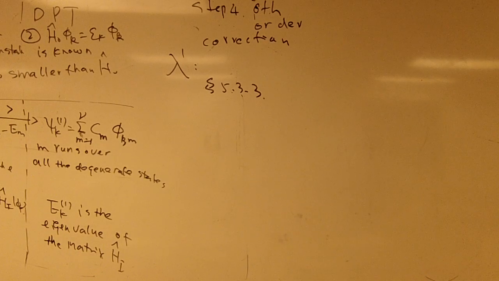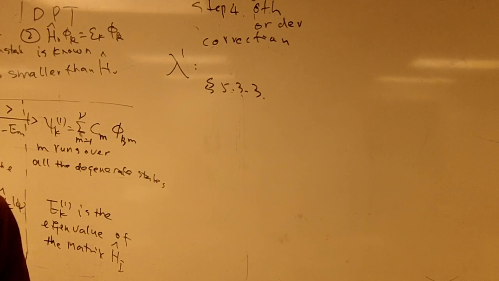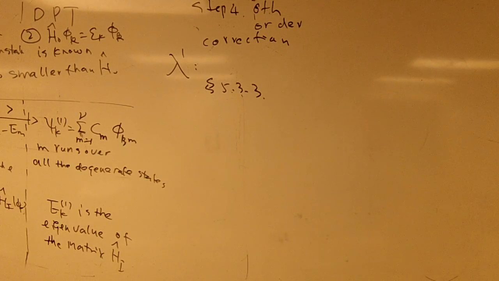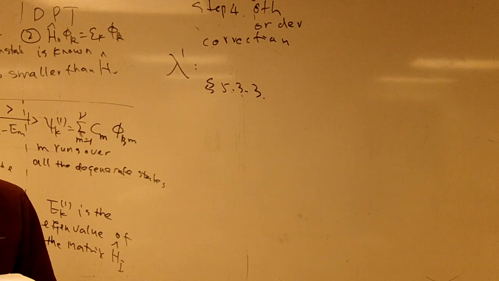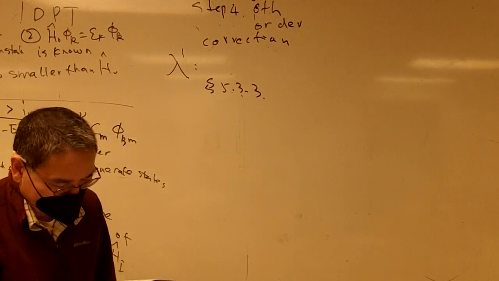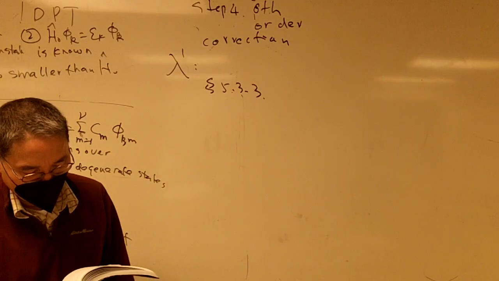Since phi sub j is an eigenstate of H hat sub 0, H hat sub 0 phi sub j equals epsilon sub j phi sub j, we can rewrite the previous equation as the sum of c sub j to the zeroth order epsilon sub j, bra phi sub k ket phi sub j, equals E sub k to the zeroth order, sum over j of c sub j to the zeroth order, bra phi sub k ket phi sub j.